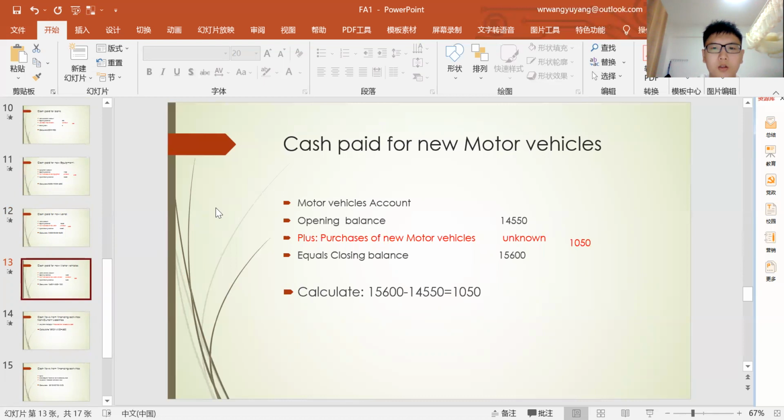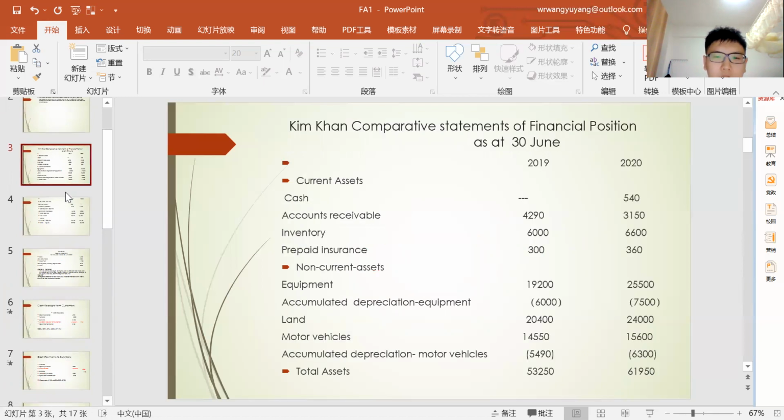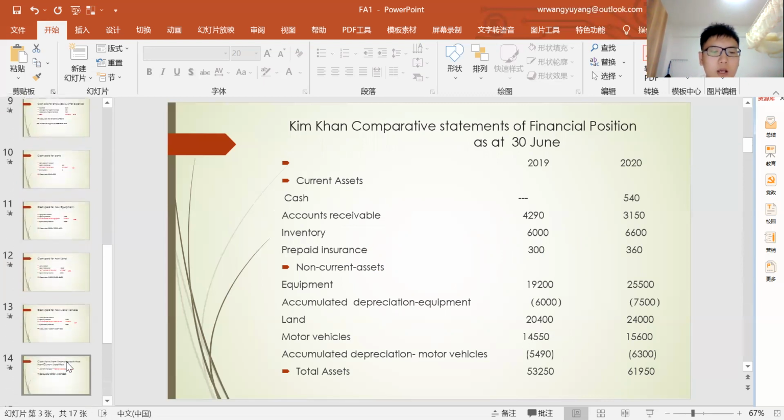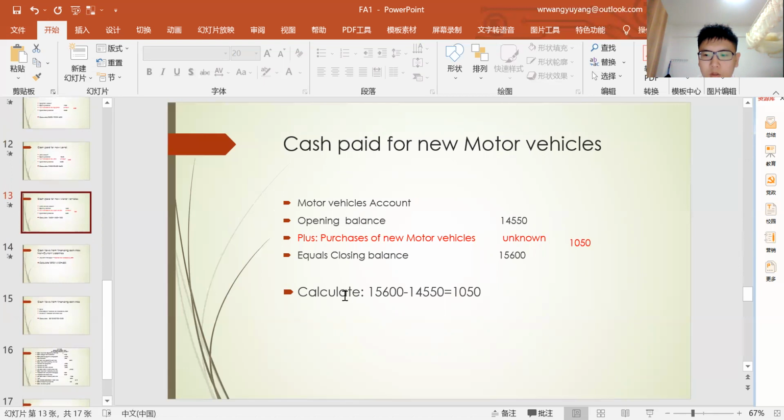Next we look at cash paid for new motor vehicles. The motor vehicle opening balance is 14550, and the closing balance is 15600. So the new motor vehicles is 15600 minus 14550 equals 1050.